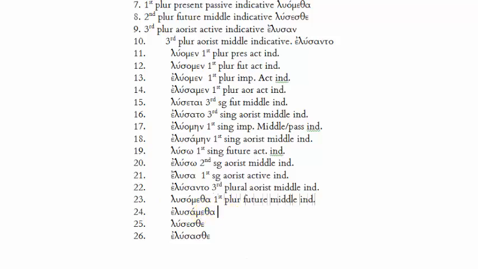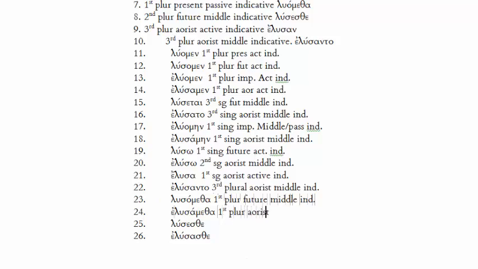Number 24. What would this one be? Elusamatha. Okay. Sigma alpha, augment. It's for sure some kind of an aorist. Only an aorist would do that. But we notice here a middle or passive ending. This rules out any kind of an active form, and the metha is the standard first plural middle passive ending.